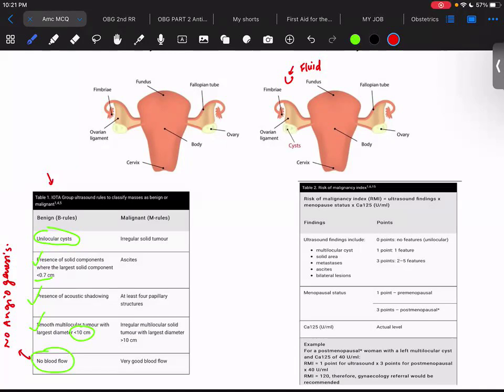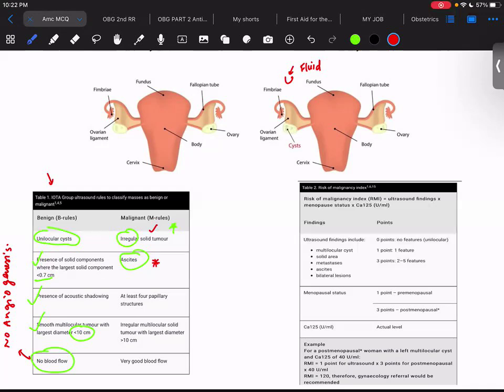What are the M rules? The M rules are used if the patient is having malignant characteristics of the ovarian mass. If it is irregular, this word irregular is commonly used in the examination. Any irregular mass is basically a malignancy. If the patient has an adnexal mass with ascites, it means the patient is having a malignant ovarian mass.